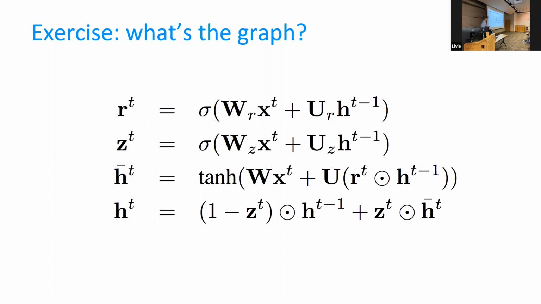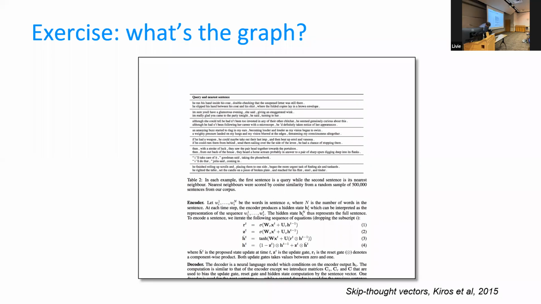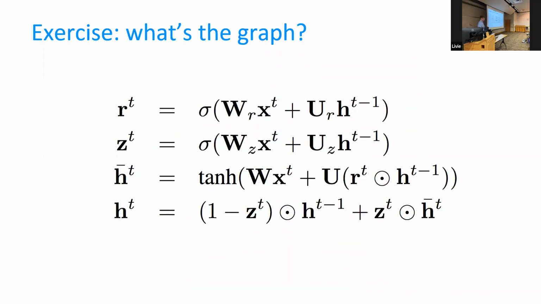Again, this will be easier if you pull out a piece of paper instead of trying to do it in your head, either independently or with the person next to you. This is a computation graph taken from a paper. Here we have multiple equations broken up into multiple lines, so you'll have to figure out which of these variables depend on each other to create your full computation graph.